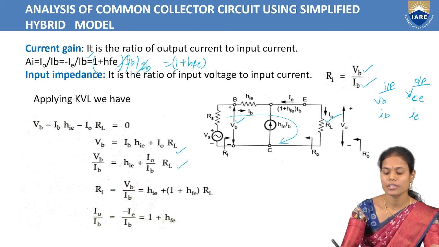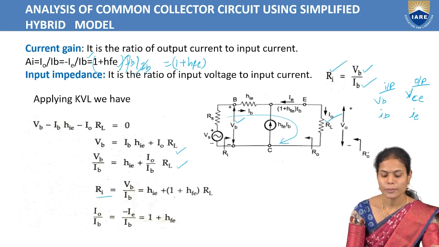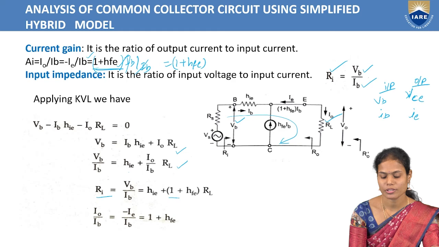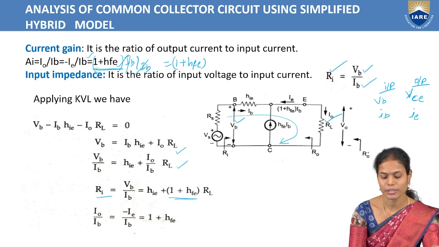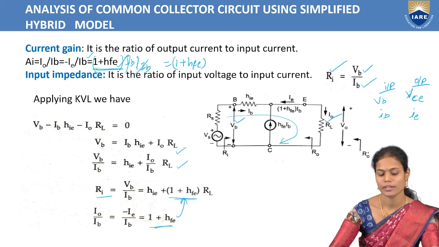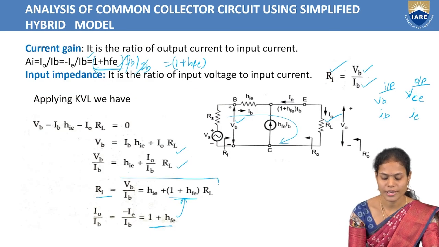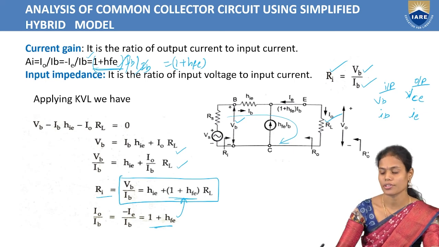Here VB by IB is nothing but our input impedance, which is equal to HIE plus I0 by IB, that is this value, 1 plus HFE, into RL. So I0 by IB equal to minus IE by IB, that is equal to 1 plus HFE. That one only we have substituted here. And so this is the input impedance in the case of the approximate common collector configuration.